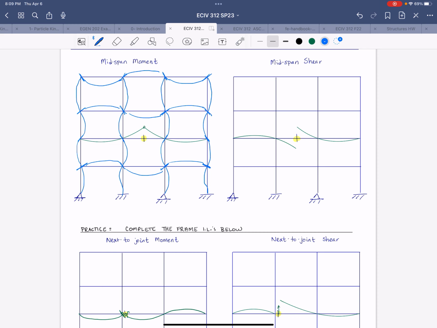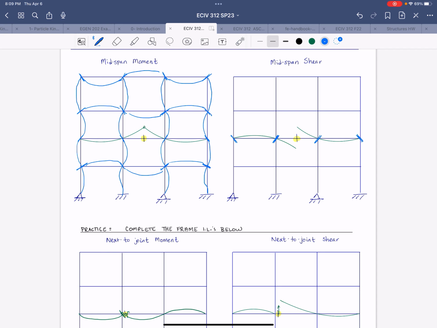Now I'll demonstrate the midspan shear as well, because this introduces a different behavior that we haven't seen yet. And so, right, we're cutting the beam at midspan, forcing the right side up and the left side down, drawing the influence line using curved lines and treating those rigid joints as supports.